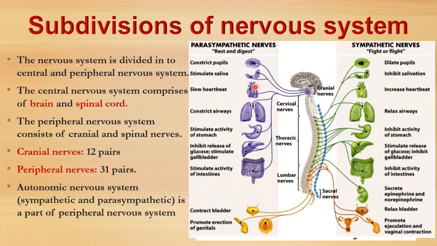Both have contrasting actions. For example, the parasympathetic slows your heartbeat, whereas the sympathetic fibers increase your heartbeat. These all act based on the situation.